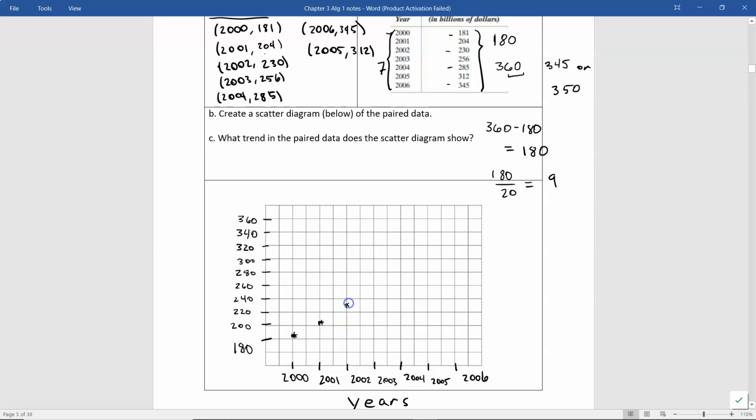So that's somewhere right here. 2003 is 256. And so on. 285, 312, and 345.